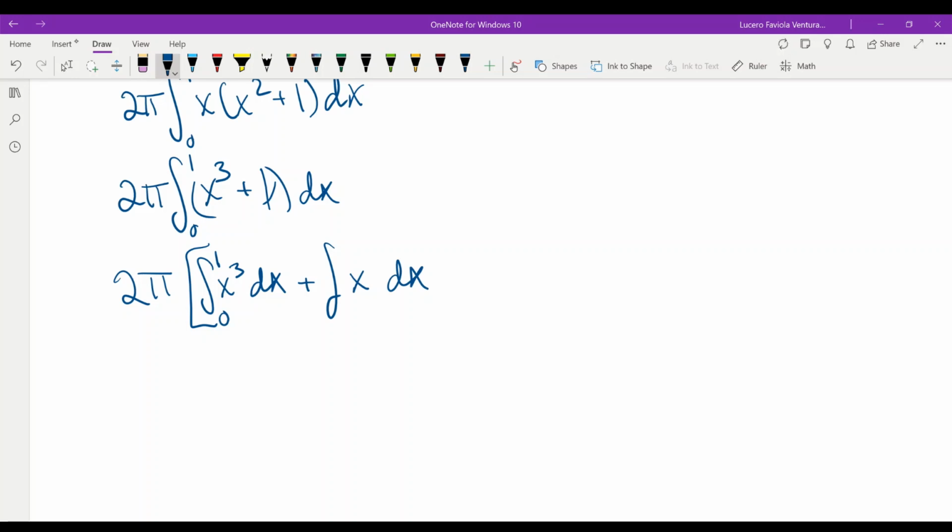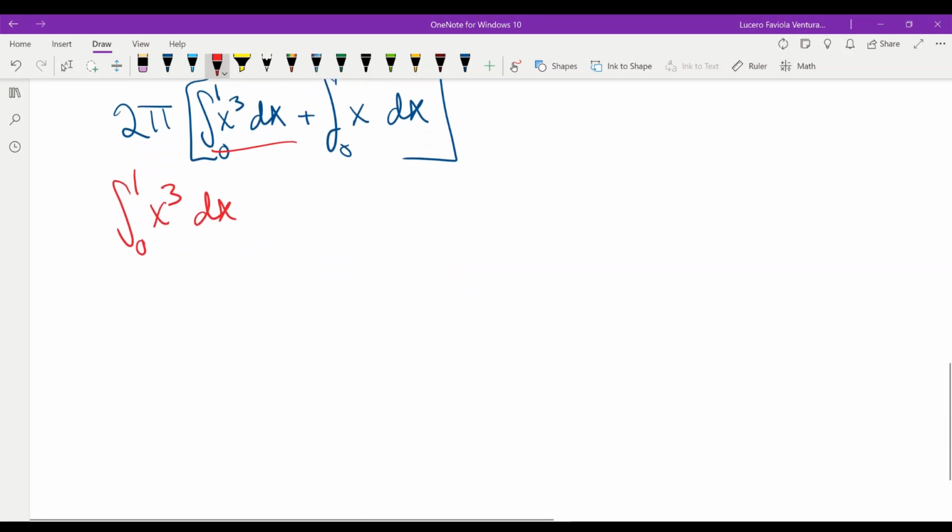Now these are much simpler to integrate now that we have them separated like this, easier to look at. So I'll integrate the left side first, which is the integral from 0 to 1, x cubed dx. When we integrate this, we simply get x to the 4th power over 4, from 0 to 1. Those are the bounds.